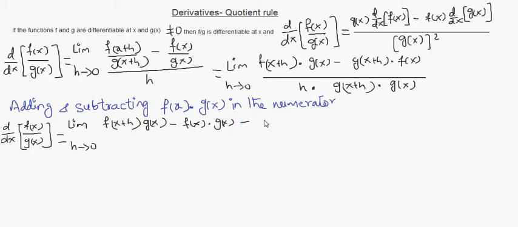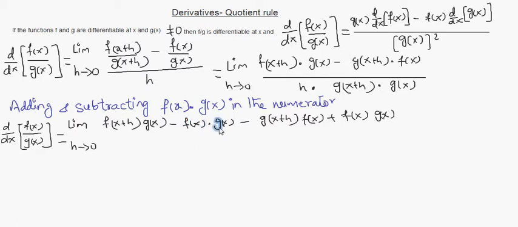minus g of x plus h times f of x plus f of x times g of x. We are adding and subtracting f of x times g of x simultaneously in the numerator.